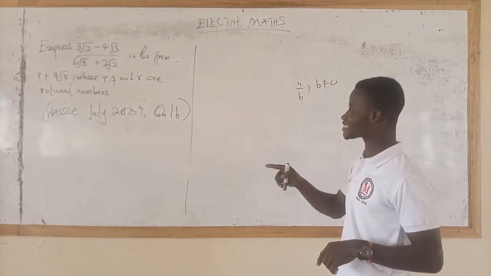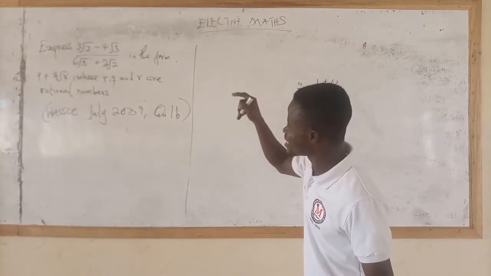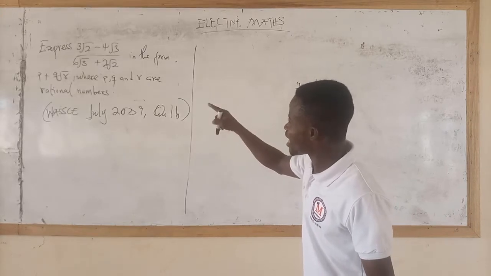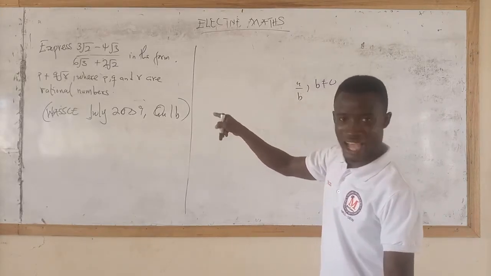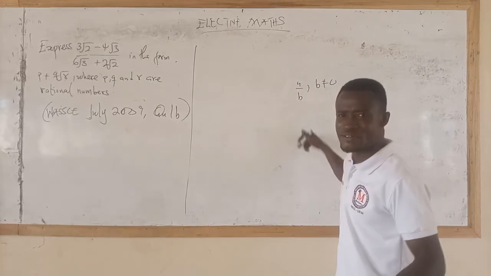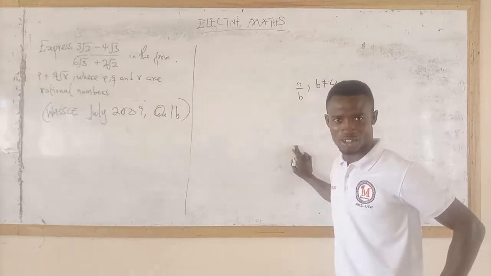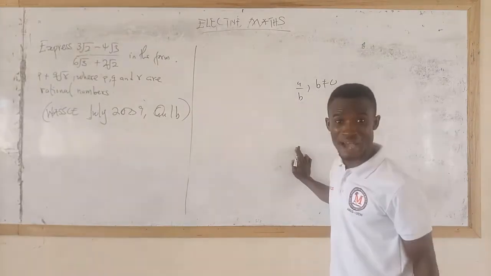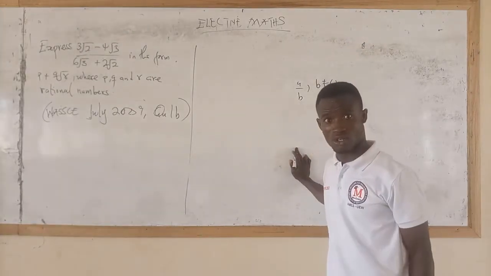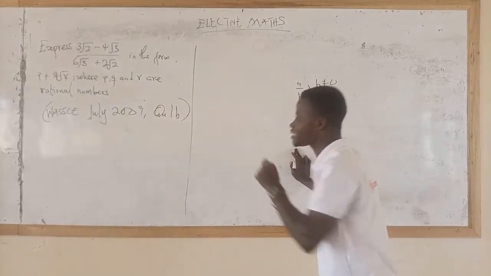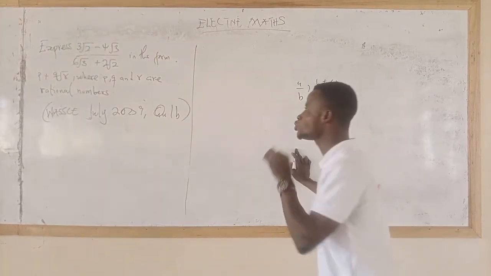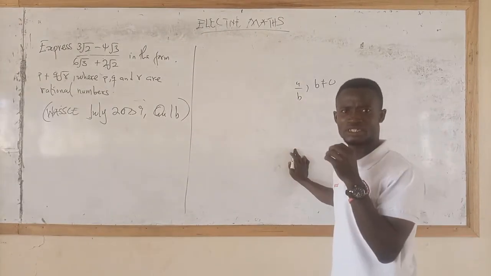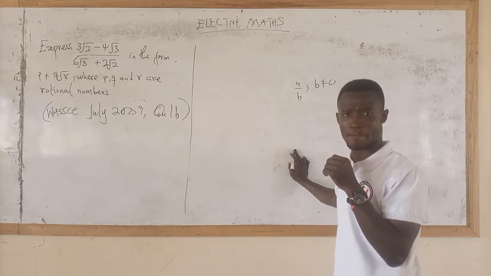So it means that the P, Q, and R that we are to find are going to give us fractions. So if you end up getting a whole number, it means you are wrong. Before you attempt the question, you need to be able to decode some of these things. I hope it's clear.